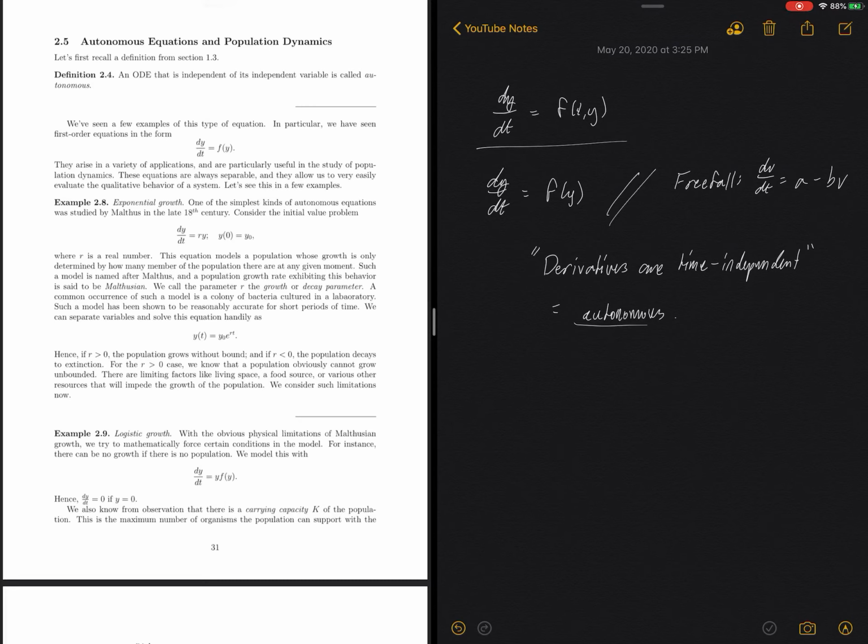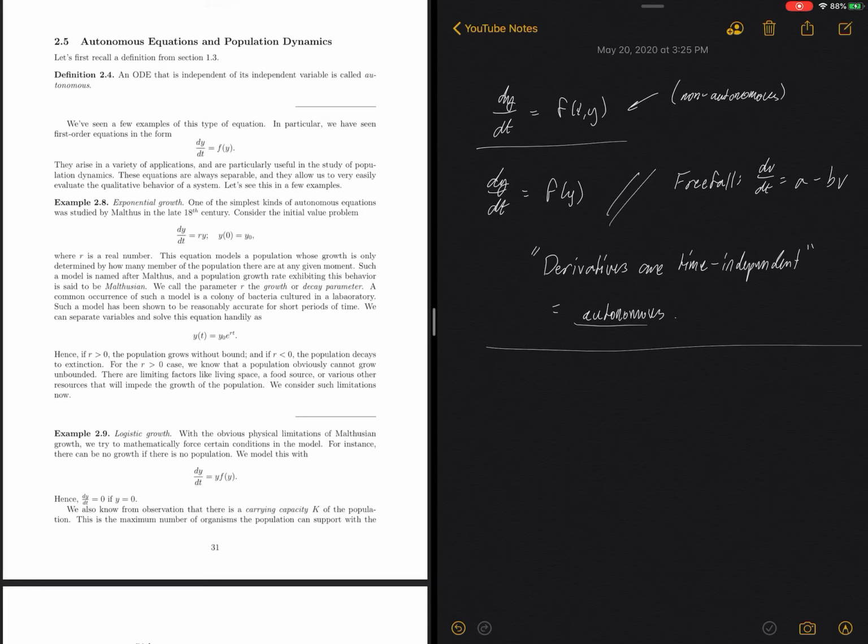Okay, and these equations have a name. These are called autonomous differential equations. Autonomous because they are effectively self-motivating or self-actuating. And if we went back up and included time dependence, then this is a non-autonomous differential equation.